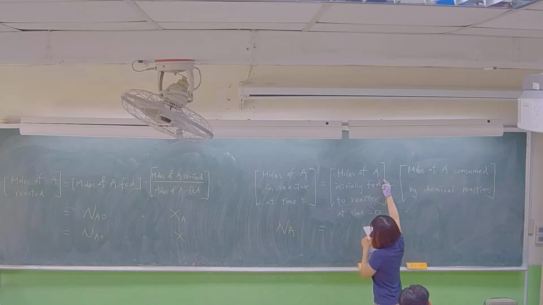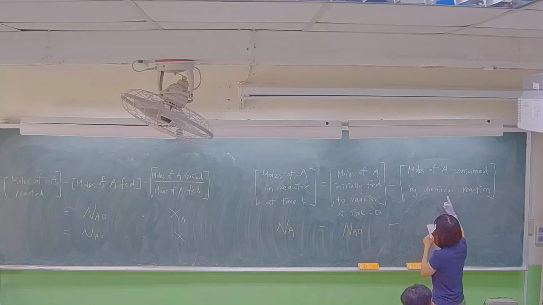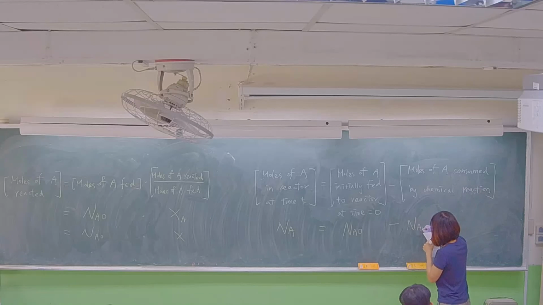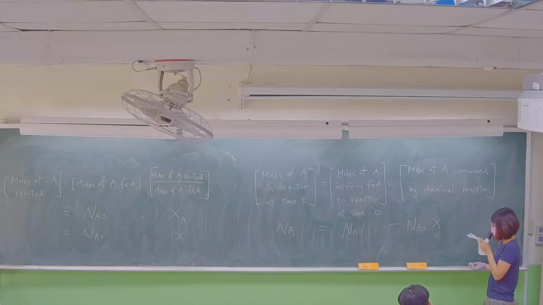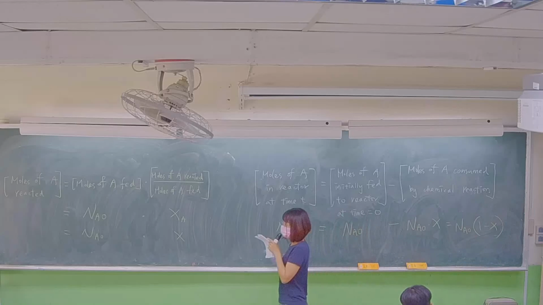The moles of A fed is Na0, right? And moles of A consumed or moles of A reacted is Na0 times X, right? And also you can write down like this. So please remember this relation.